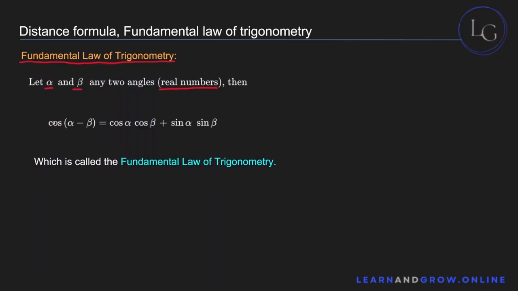So the cosine of the difference of alpha and beta is equal to cos A cos B plus sin A sin B. I'll be using A and B instead of alpha and beta because it's just a bit easier for me. So cosine of alpha minus beta is equal to cosine alpha cosine beta plus sine alpha sine beta. And this is the fundamental law of trigonometry. Further on we'll see other identities just like this one, but they all stem from this fundamental identity.